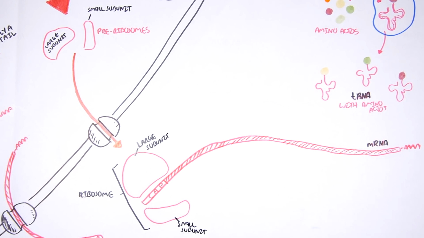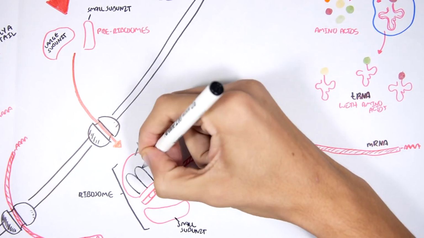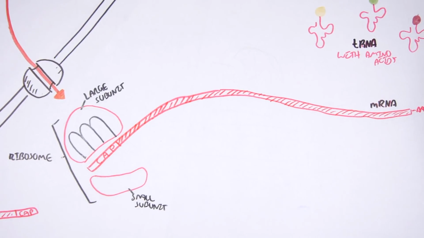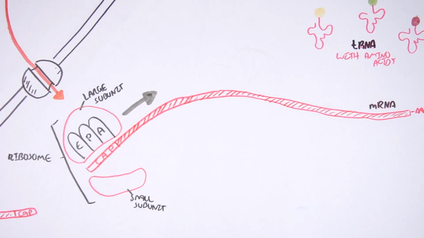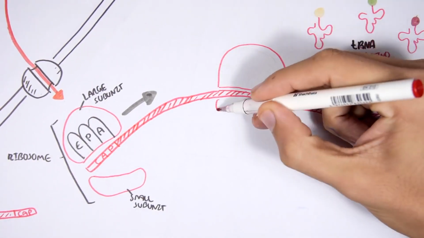The ribosome has 3 special sites within it. The E, P, A site. Now each of these means something, but just for simplicity, you can think of A as attachment, E as exit. So anyways, the ribosome will move towards the poly A end of the mRNA like so.